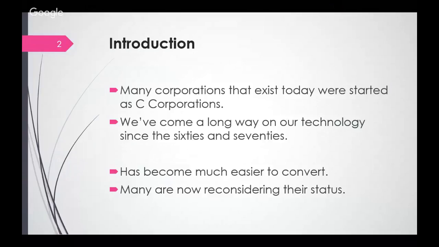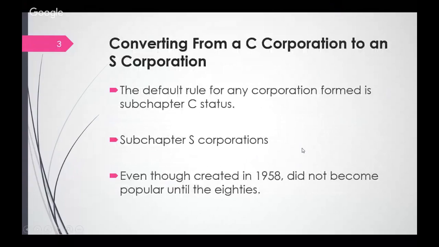If you are filing an 1120S, you are an S corporation. If you are filing a 1065, you are a partnership. If you are filing your business return on your personal return, you're probably filing a Schedule C and you're not incorporated. So keep that in mind as we continue on.